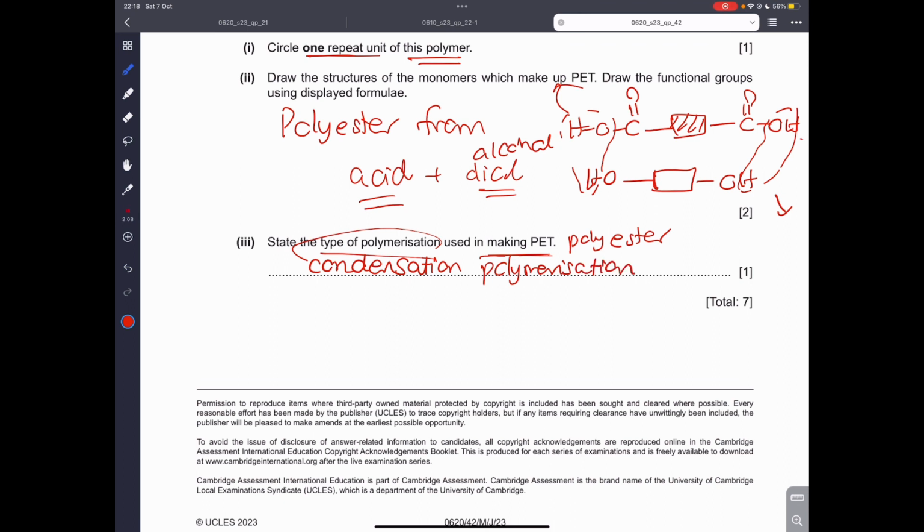And remember that there are 2 types of polymerization. There's condensation polymerization, and there's addition polymerization, which produces no water molecule, no waste product. So we can say that condensation polymerization is the correct option.